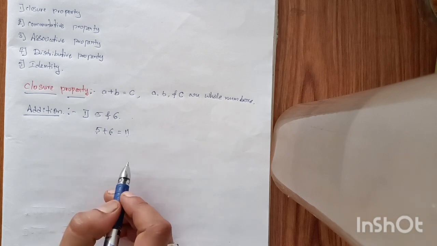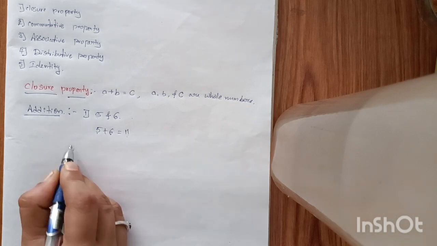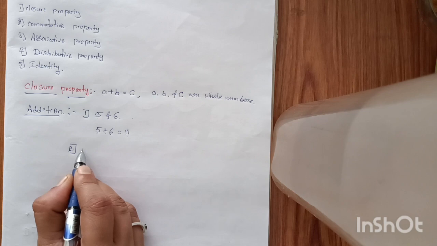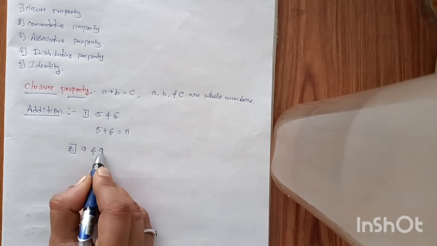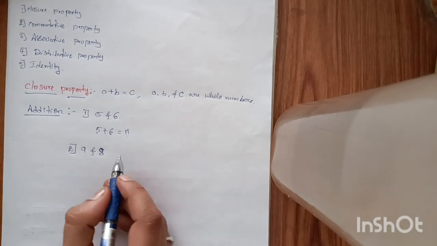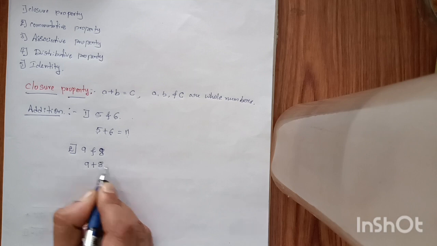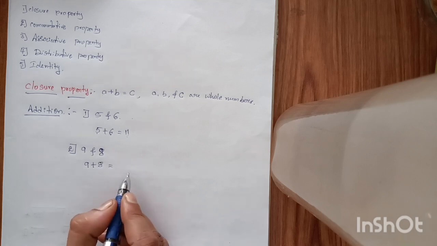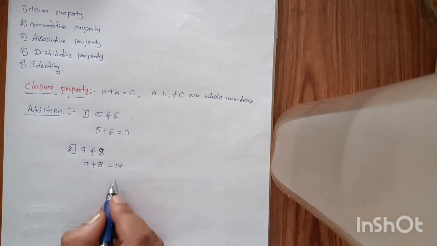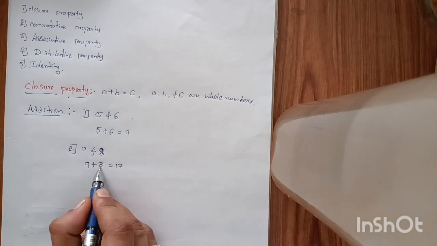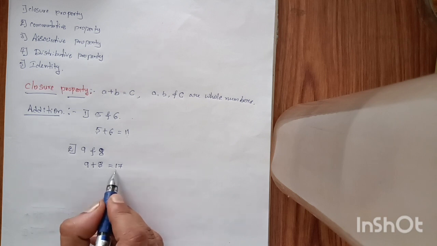Okay, let's move on to the next example. Take 9 and 8. If we add these two whole numbers, we get 17, correct? Here 9 and 8 are whole numbers, and 17 is also a whole number.